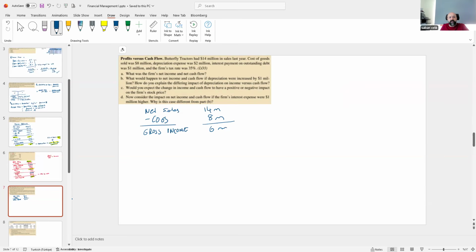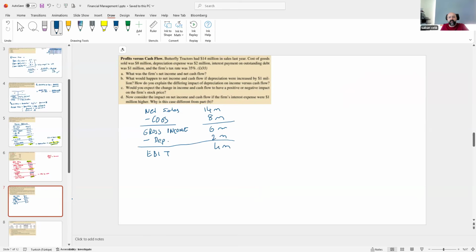Then I will deduct what I have as a cost, depreciation expense. Do I have administrative expense? No, I just have depreciation expense, which is 2 million, right? Yes, 2 million. And then this is going to be earning before interest and tax, which is 4 million.